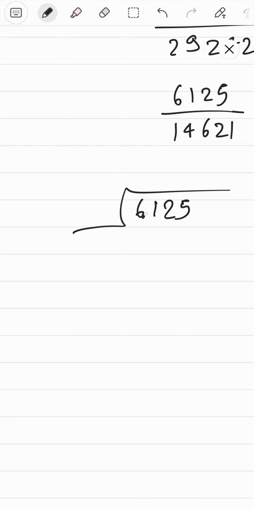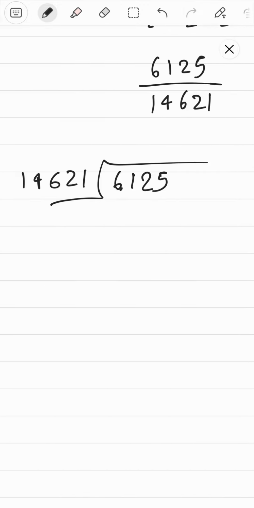Got 6 over here, and then you got 14621. Okay, let's do it. So 0 point, and okay, so what about this times 5? No, too much. What about 4? So you got 4 4 8 4 2 carried on. Okay, it's supposed to be 56 or something. It's like 58.